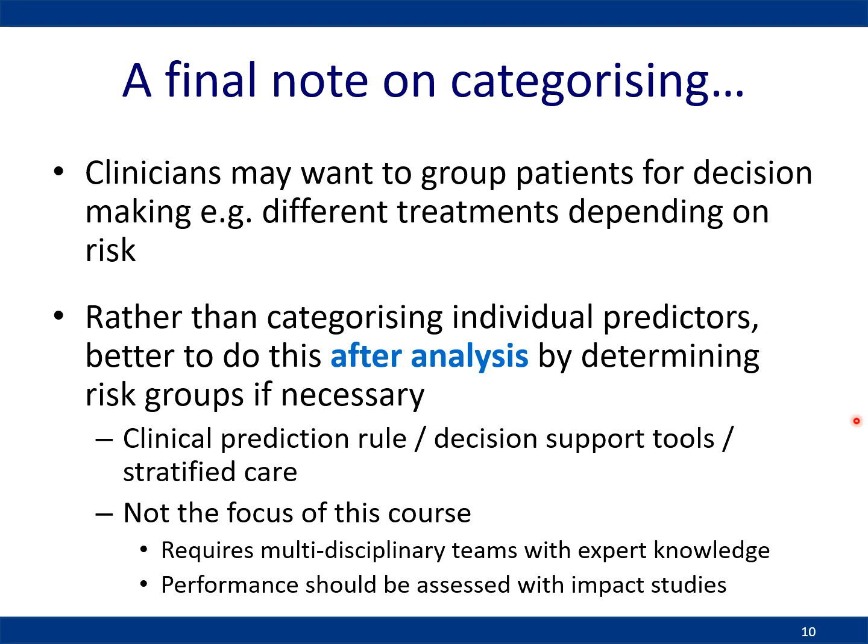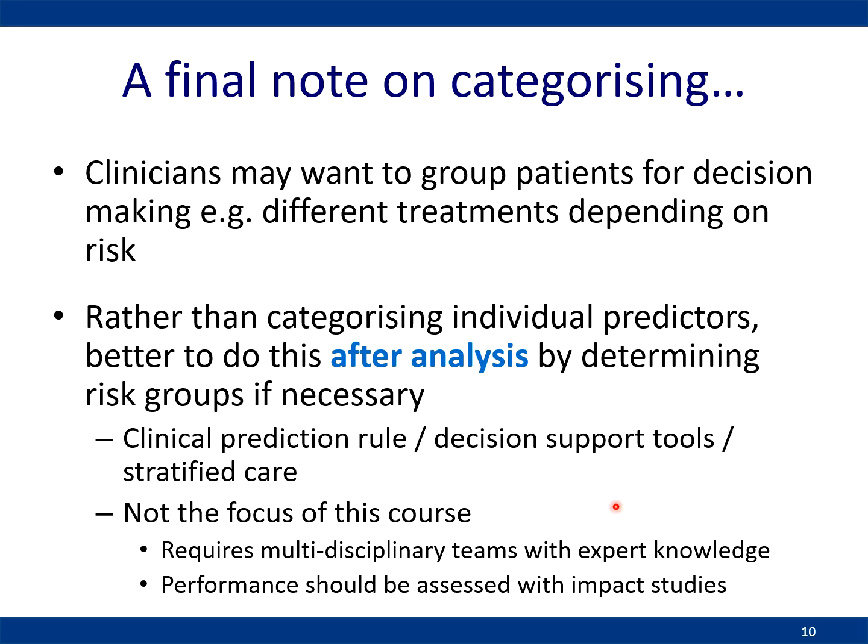And also just to say that where treatments are linked to different risks and individuals are treated in this grouped way, these are often referred to as clinical prediction rules or decision support tools, or otherwise stratified care. And this isn't the focus of this course, so the models could be developed in the same way, but these are where the treatment decision is attached to the model.